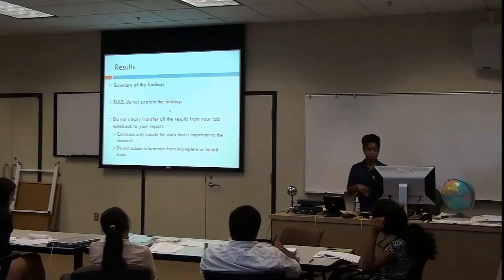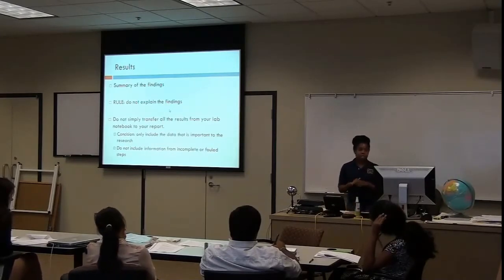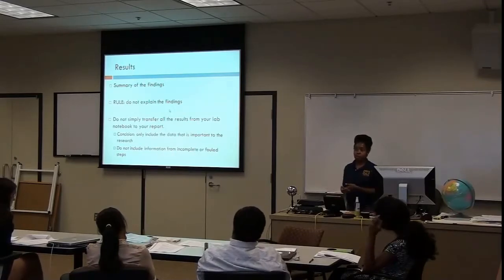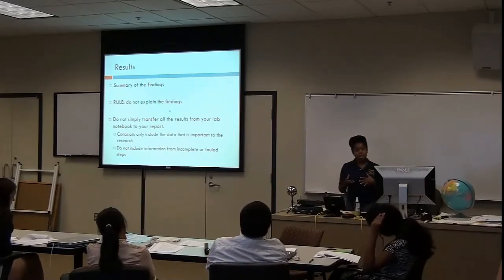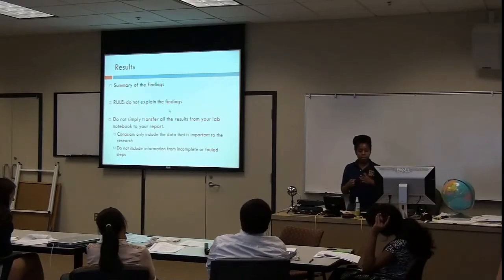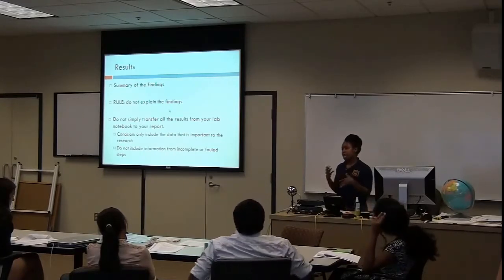Okay. All right, so this is what you don't do. You do not simply transfer all the results from your lab notebook to your report. It also has to be written in well-written sentences in paragraph form. So you're only going to include data that is important, and you're also going to exclude things that are incomplete or that did not come out right.